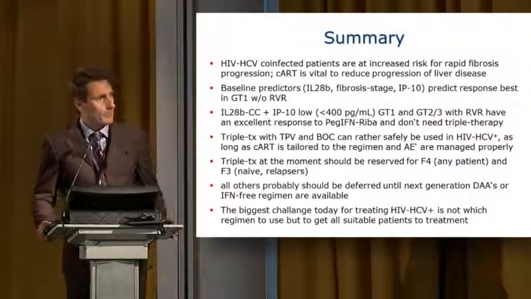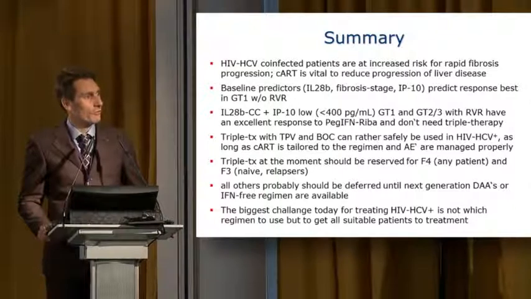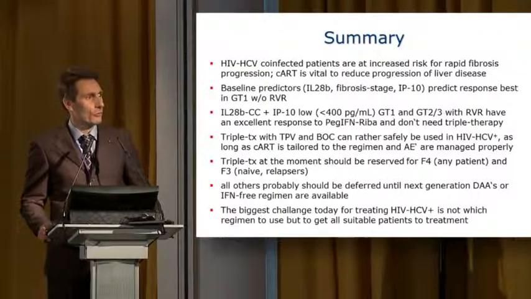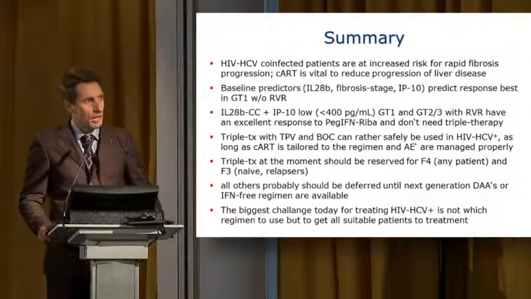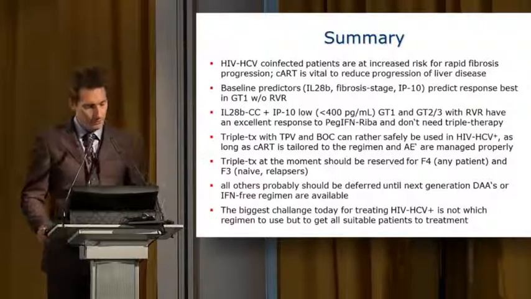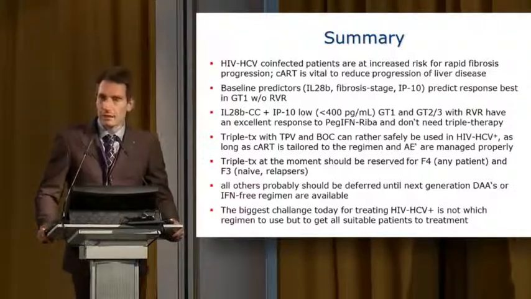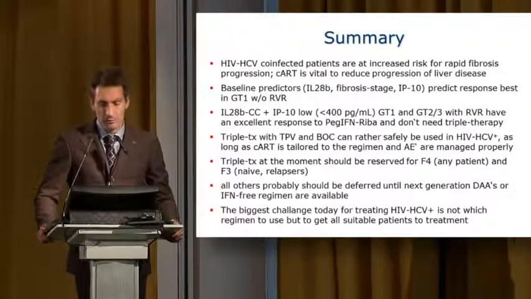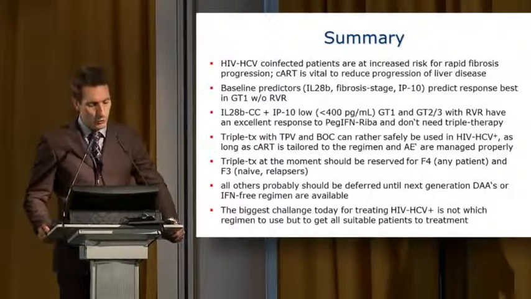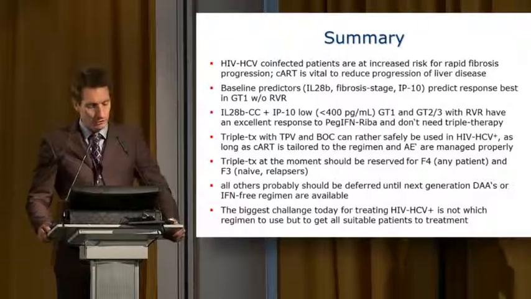So, to sum it up, HIV-HCV co-infected patients are at increased risk for rapid fibrosis progression. Antiretroviral therapy is vital to reduce progression of liver disease. Baseline predictors like IL-28B genotype, fibrosis stage, or IP10 levels predict response best in genotype 1 without rapid virologic response.